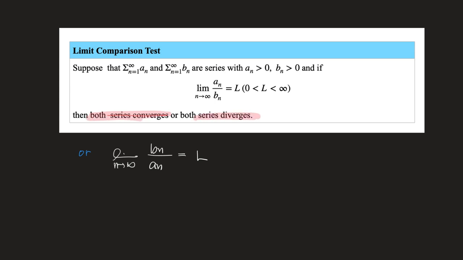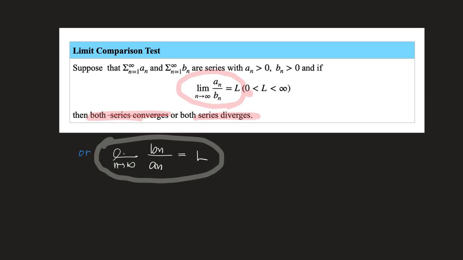All you have to do is check the limit of the ratio of the two sequences. So that's what you have to do, guys. You're gonna pick this limit, or you're gonna use this limit. Then that limit exists, very carefully, it's not 0 and it's not going to infinity.